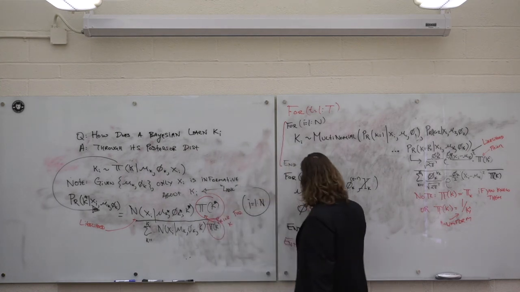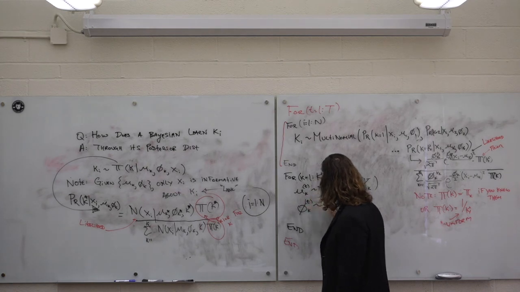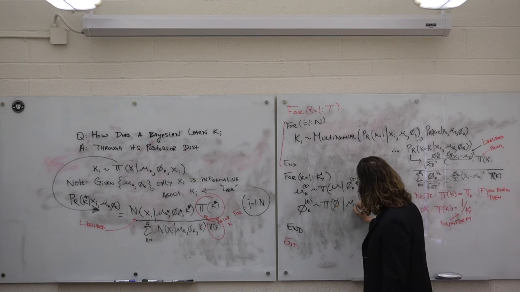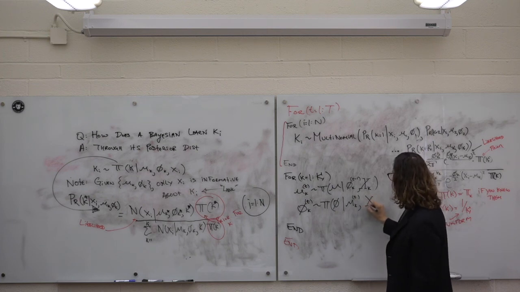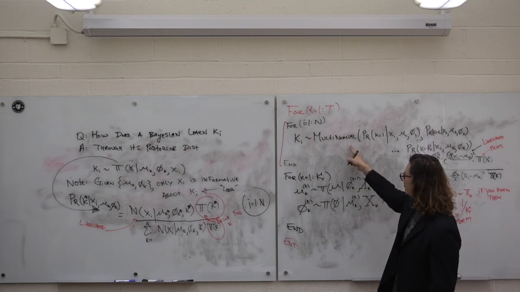So phi k, I would update from its posterior distribution, phi given mu k at the tth iteration, and I would condition on the data in component k that I just learned from this previous step.